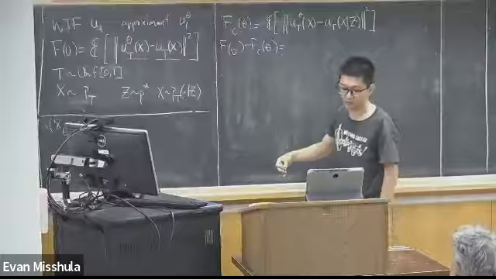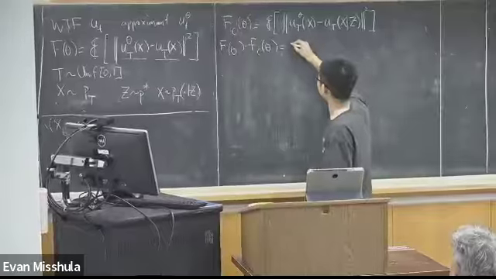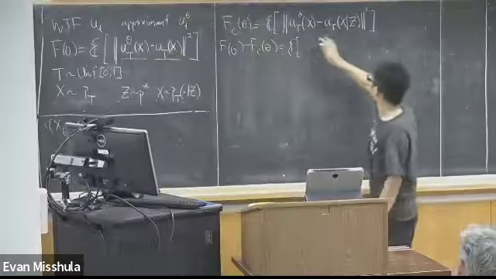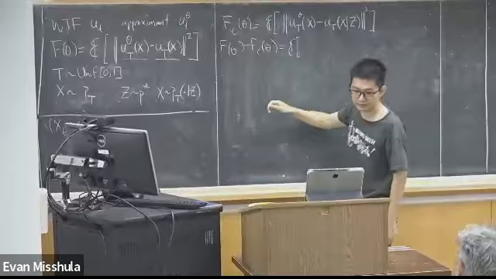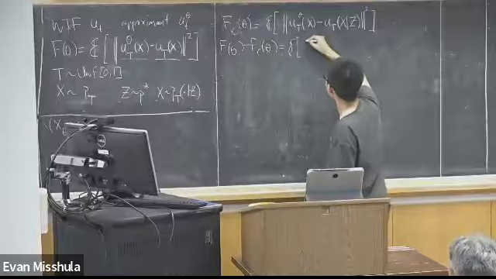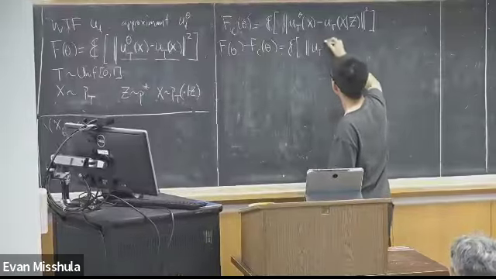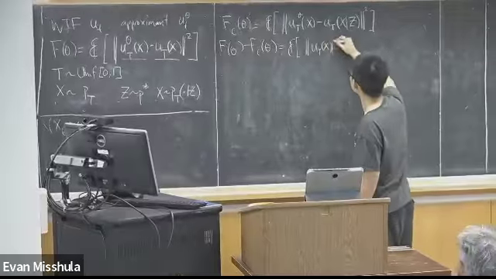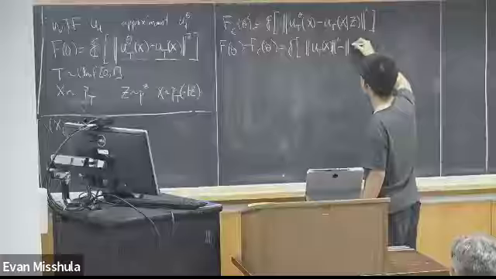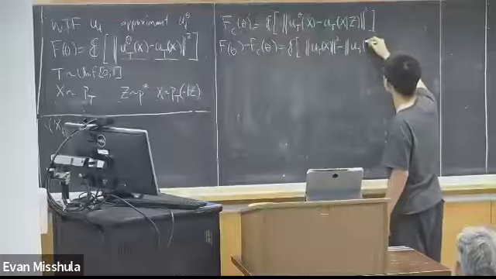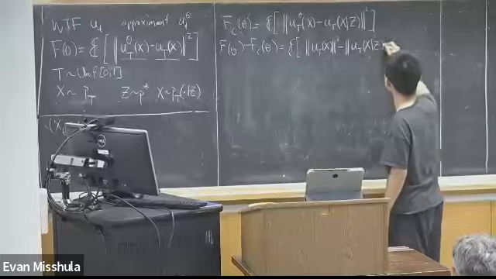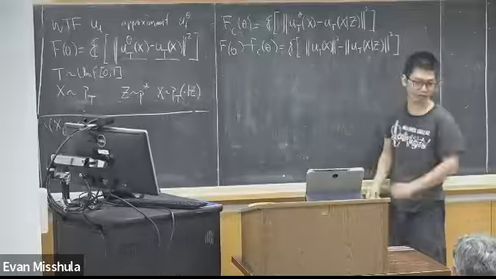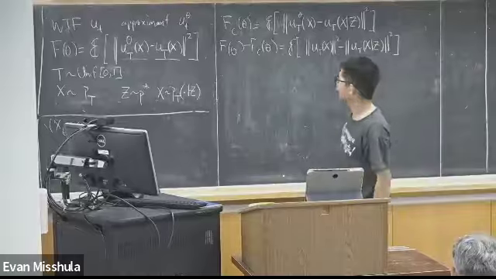What does not yet go away are two differences: the square of this and the square of this, and the cross terms.